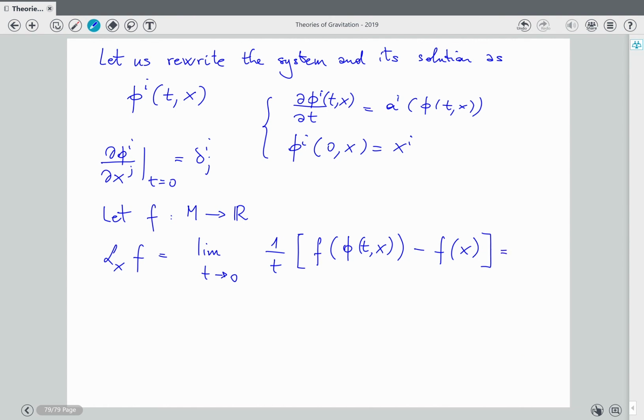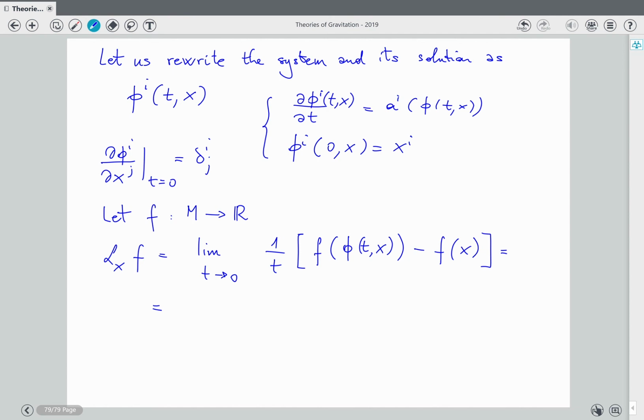So what is that? That is the derivative with respect to t.